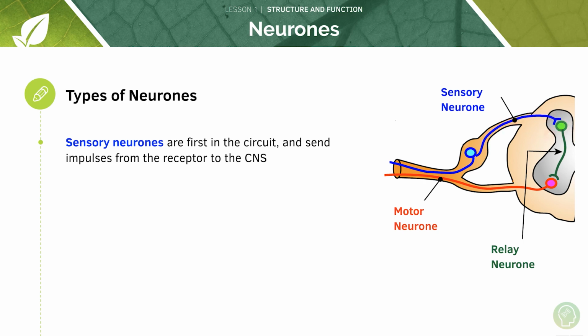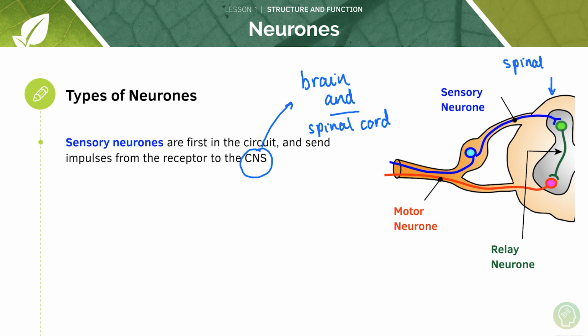And remember, the CNS includes the brain and the spinal cord. So just remember that. So this is your spinal cord here. This kind of section here.